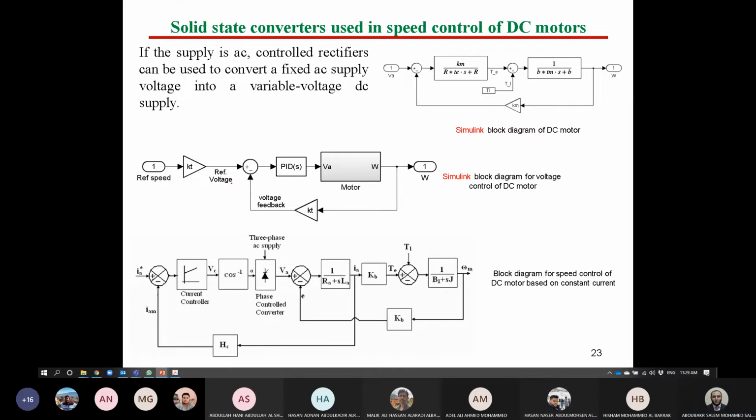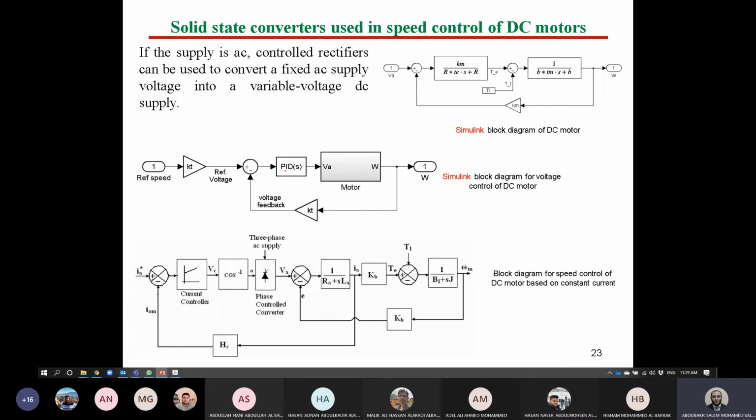So where is the part of the power electronic converter here? This is now theoretical control. Where is the power electronic converter? Actually, the PID controller can be implemented in a digital controller like Arduino, for instance. Arduino is considered a controller.